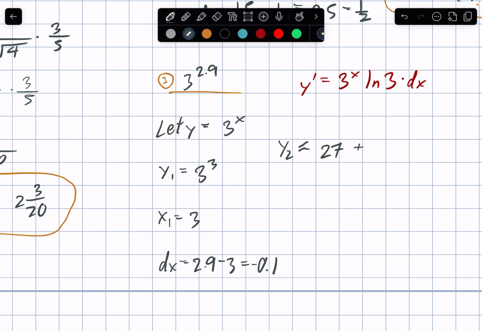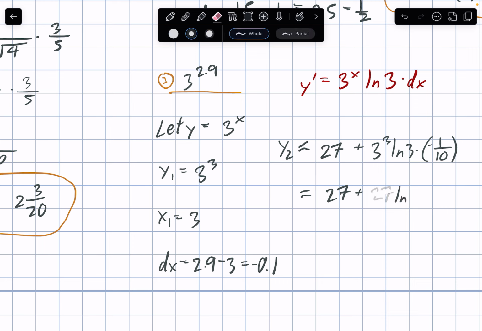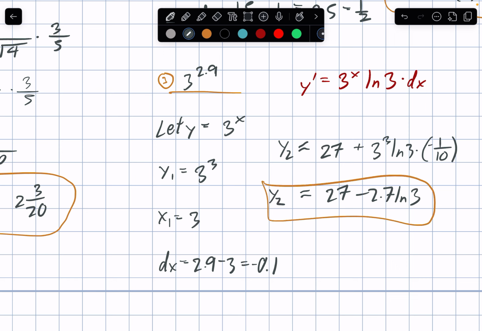Plus derivative 3 raised to 3 ln 3. And then dx is negative 1 over 10. 27 plus 27 ln 3 times negative 1 over 10, negative 2.7 ln 3. That's it. This is the final answer.